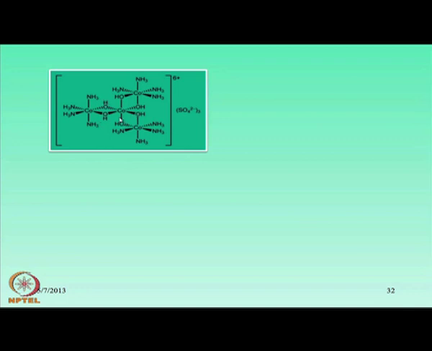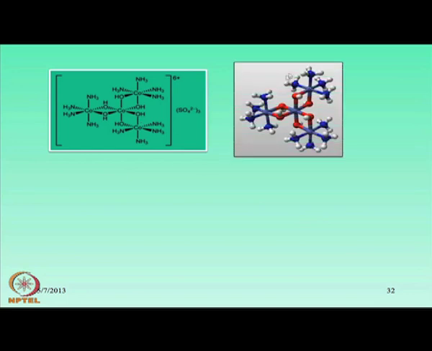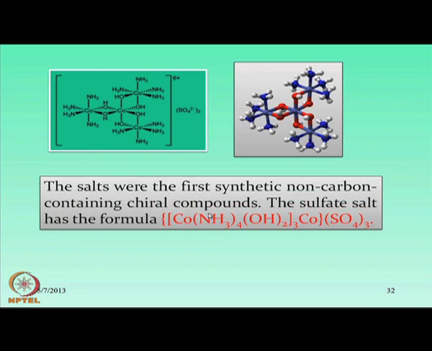So it is a very unique tetranuclear compound where the complex itself, the 3 surrounding complexes, are behaving as 3 bidentate ligands. That is why it gives rise to the corresponding optical activity for the molecules, and the salts were the first synthetic non-carbon-containing chiral compounds.